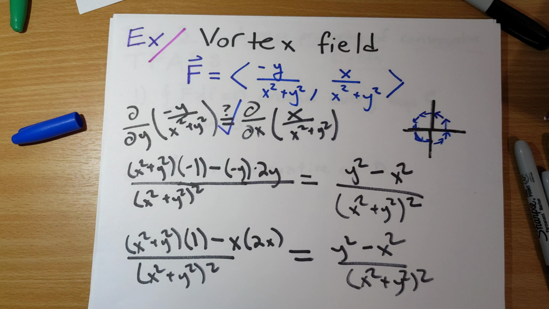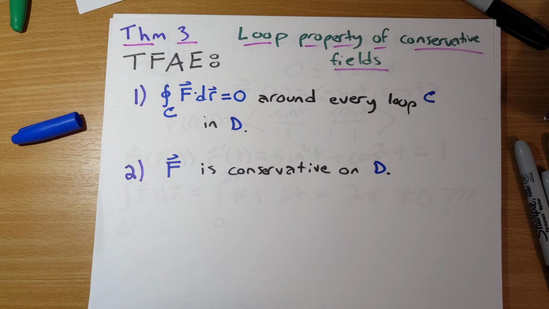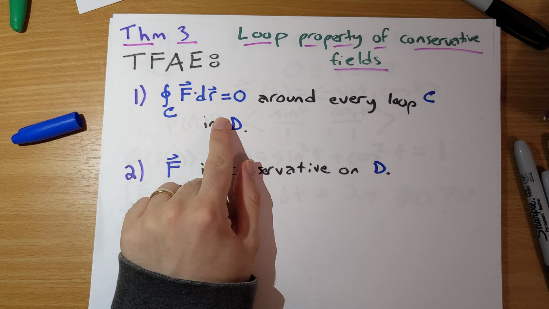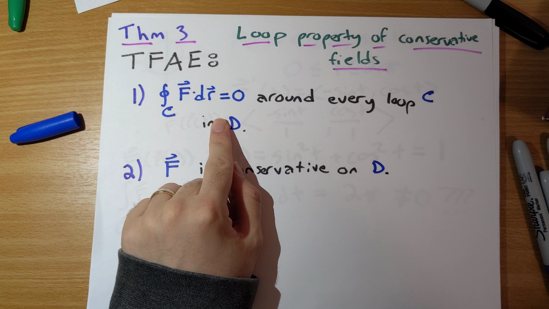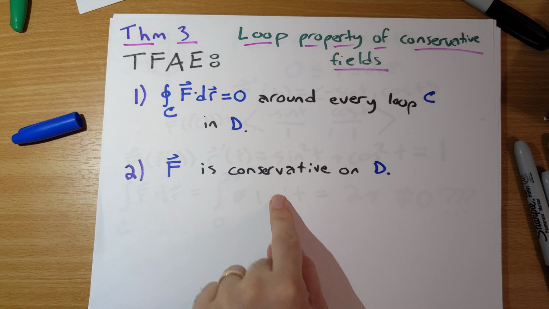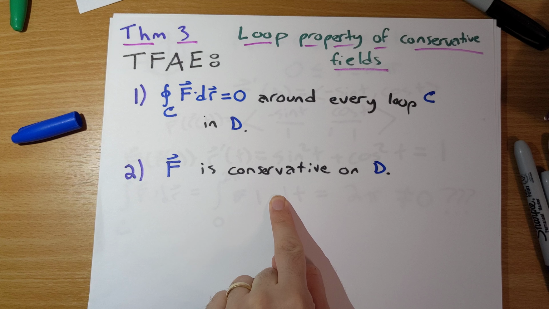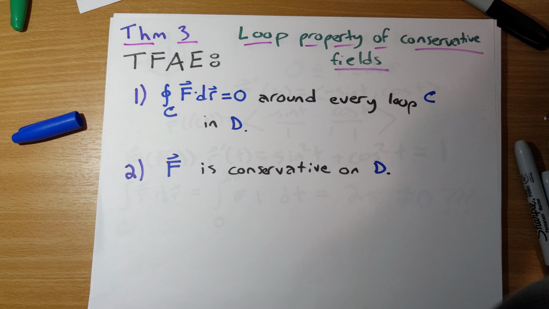I'm showing this example to emphasize this point. The first thing is that there's nothing wrong here with the loop property of conservative vector fields. This theorem is true. And so if we're not getting 0 around some closed loop, that must tell us that our vector field is not conservative.